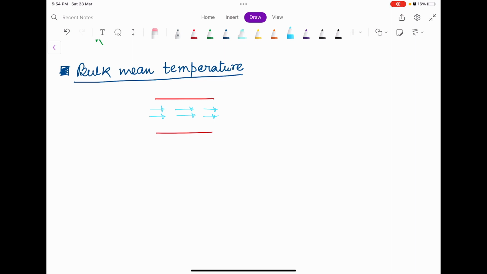So if you know that the average velocity is u average, okay, then you consider a control volume like this. Okay, so through this control volume, how much energy the fluid is carrying out, let us find that.